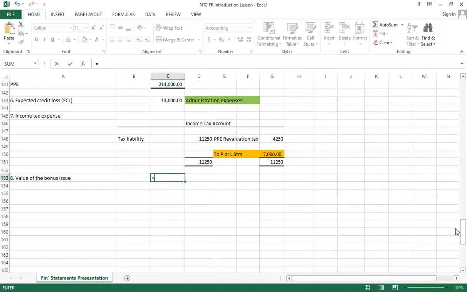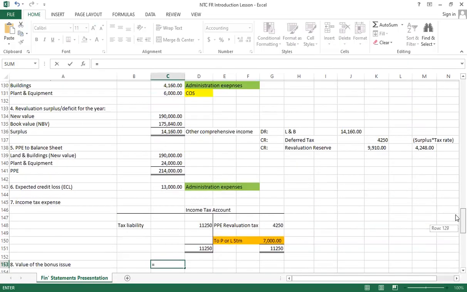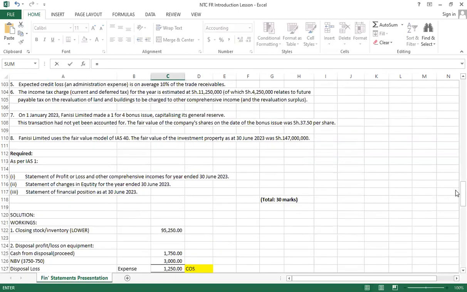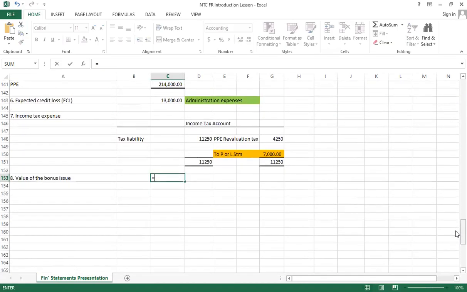The question says that it was a 1 for 4 bonus issue. What was the share exchange in this bonus issue? It was a 1 for 4, meaning that we shall take 1 over 4.